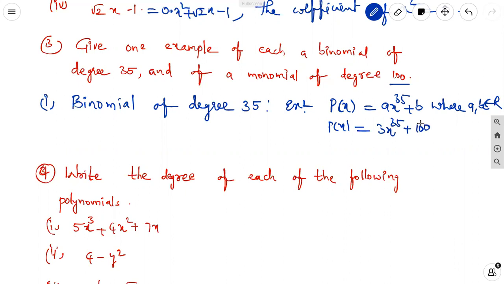It is a binomial. Binomial means the polynomial having two terms.